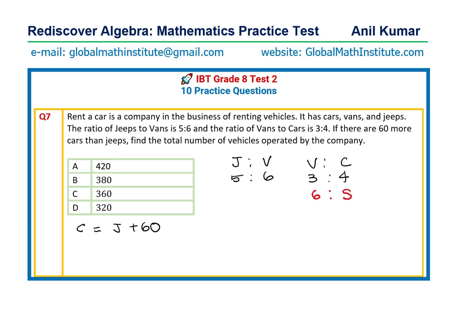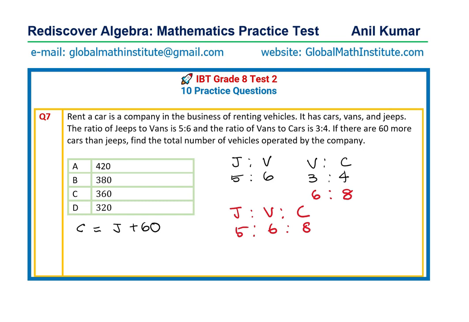You see that? Correct. Now we can write an expression for jeeps, vans, and cars, which is 5, 6, and 8. Perfect. So that becomes kind of a ratio between all the three. And this is also a very important strategy when we are working with two different kinds of ratios which lead to three.